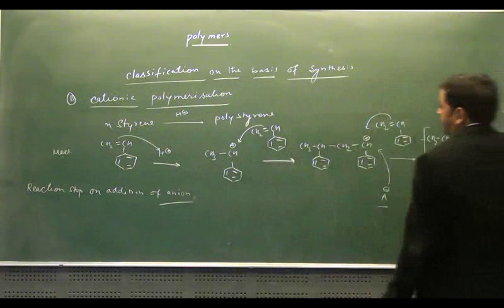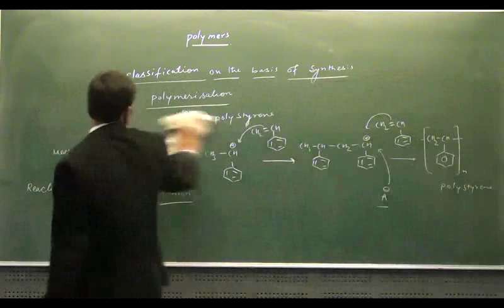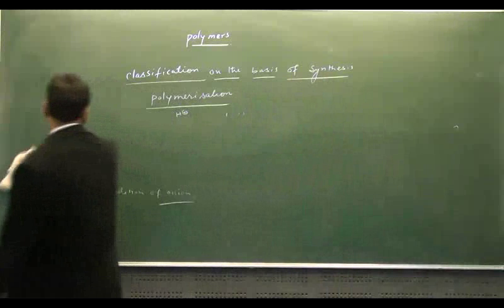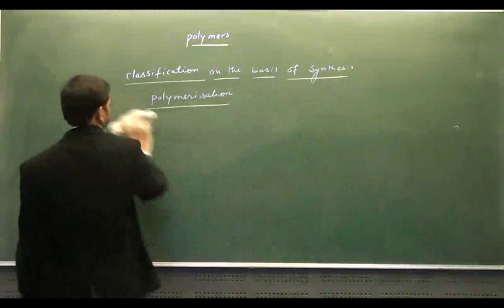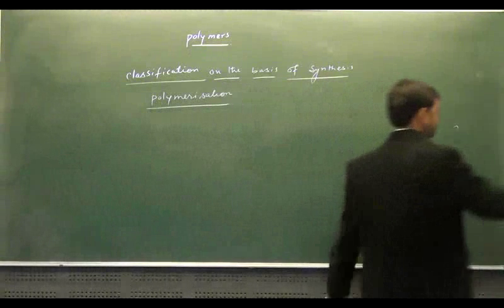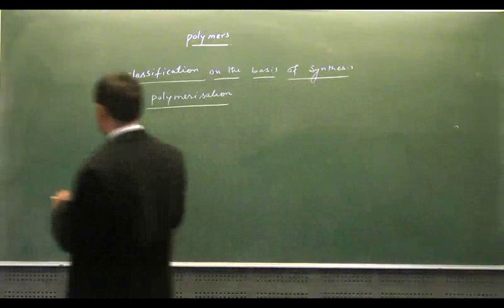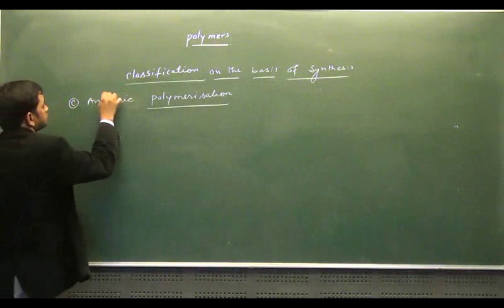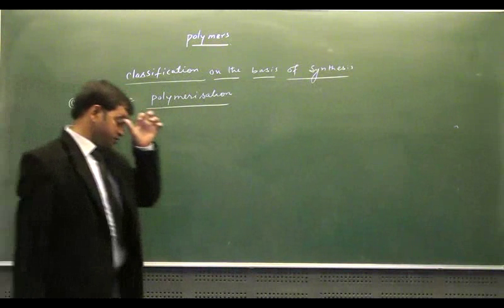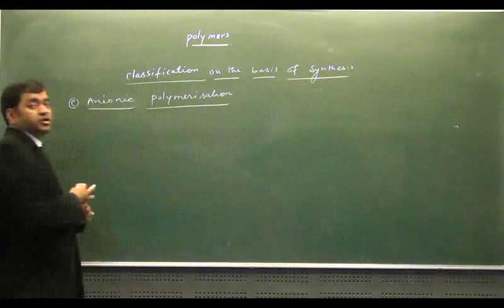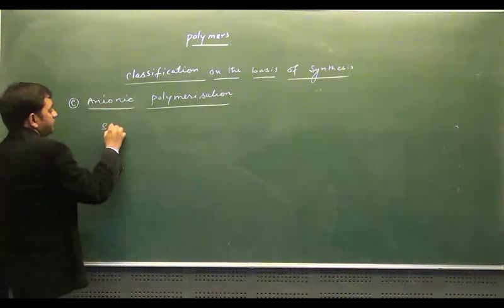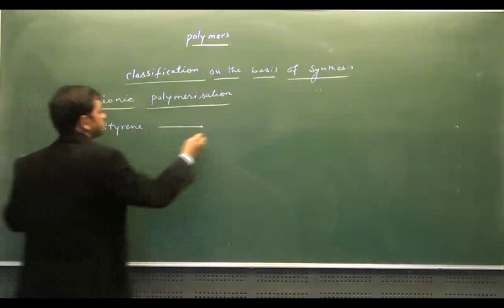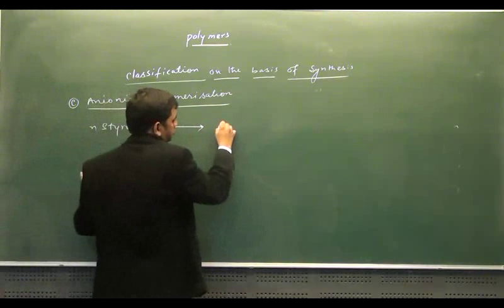Third, it is anionic polymerization. Similarly, again n moles of styrene give polystyrene.